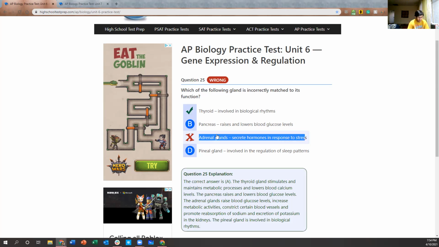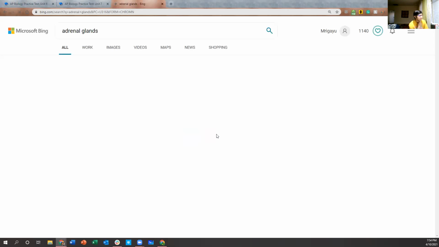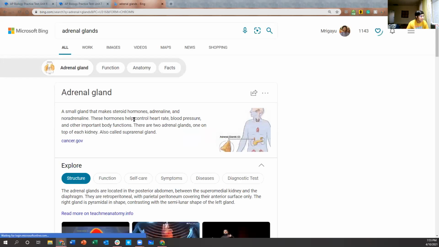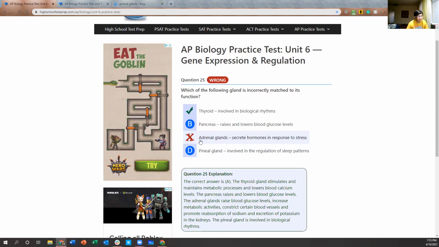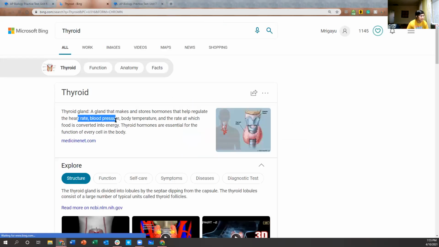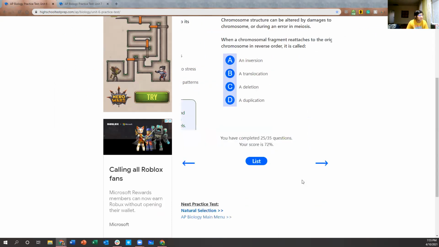What do the adrenal glands do? Let's see. Oh, I think cortisol is the stress hormone. So whatever gland releases cortisol would have been the correct answer choice for that. I'm not exactly sure about the functions of the thyroid. The thyroid helps regulate heart rate, blood pressure, body temp, and breathing rate. So that's involved in regulating biological organs. Okay, well, nice to know.